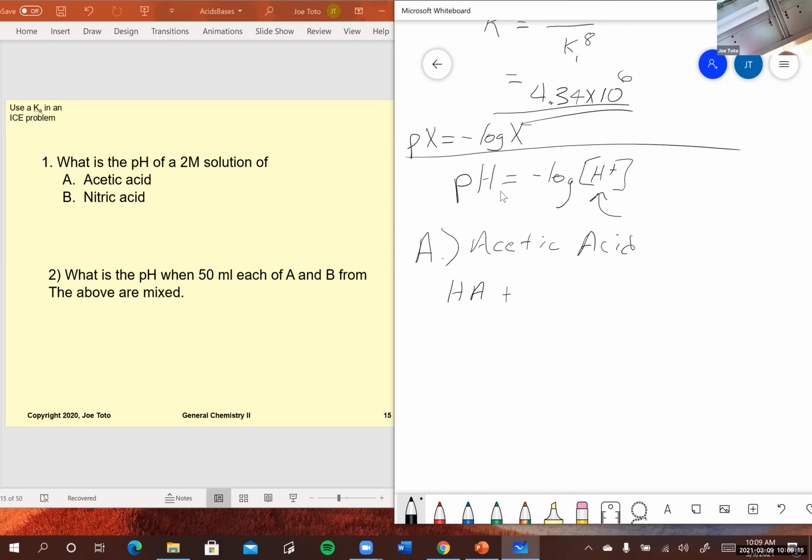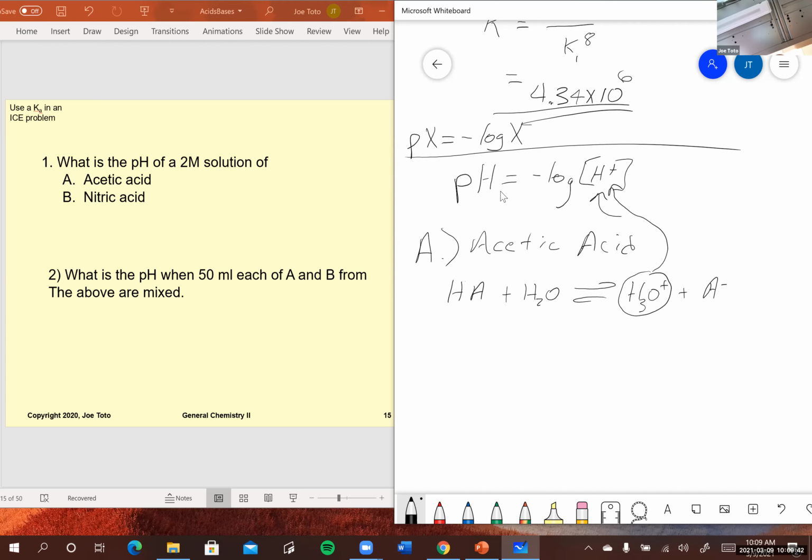I add that to water, so it's aqueous, and I know it comes to equilibrium at some point. I form H3O plus and the conjugate base A minus. The H3O plus is the thing we want to find, because that's what the concentration of H plus equals. So how do I find that?